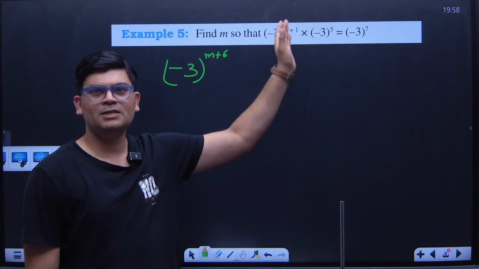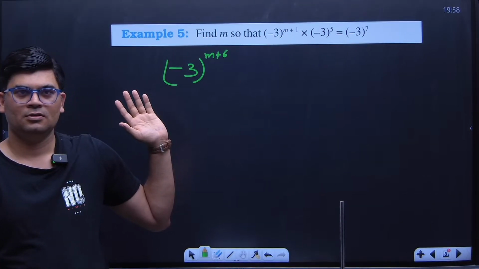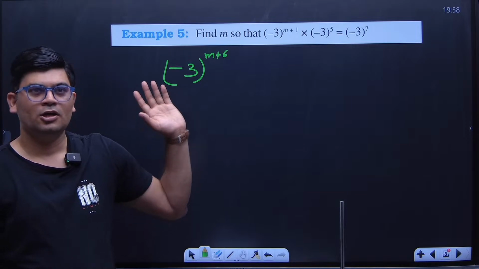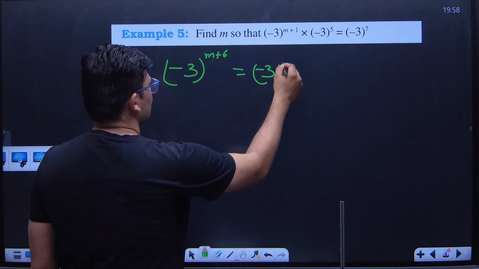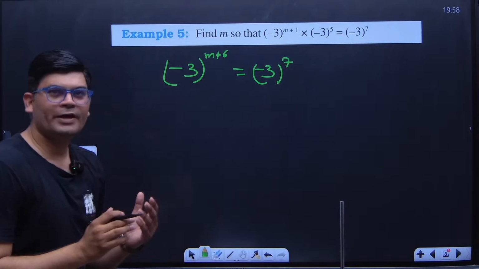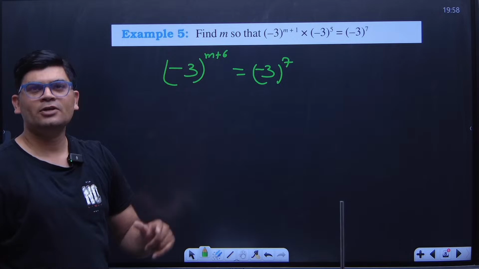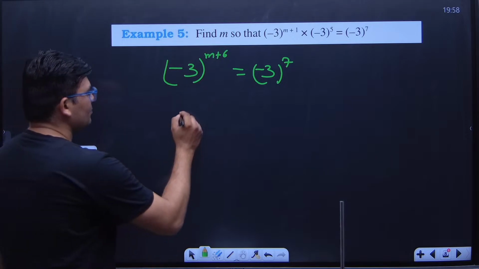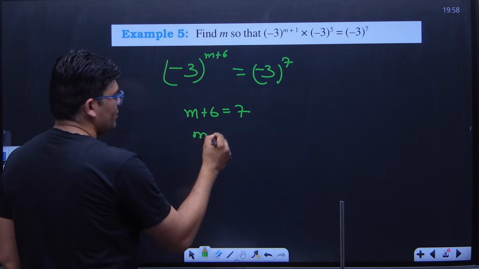So when you add m plus 1 plus 5, it will become m plus 6. And on the right side, you have minus 3 raised to the power 7. Now with a very simple logic, if the bases are same on both sides, then the power has to be same. That means m plus 6 must be equal to 7. So m must be equal to 1.